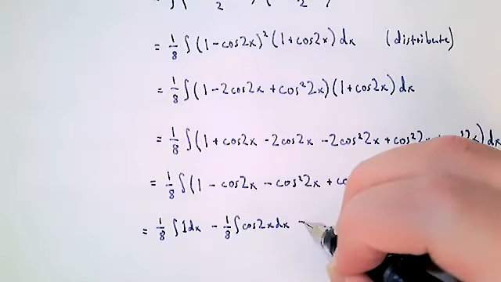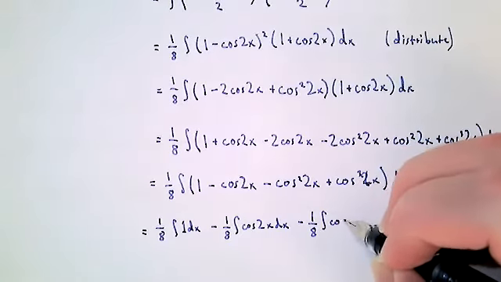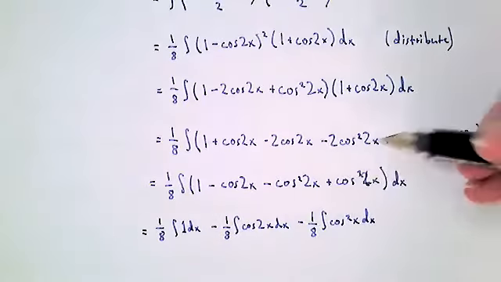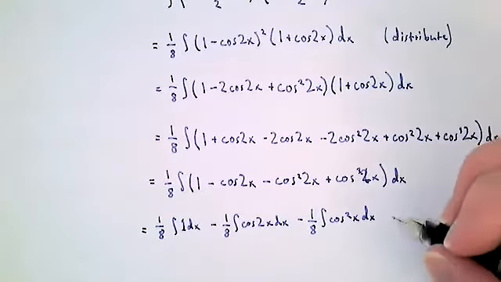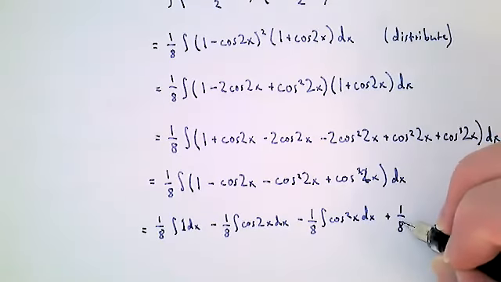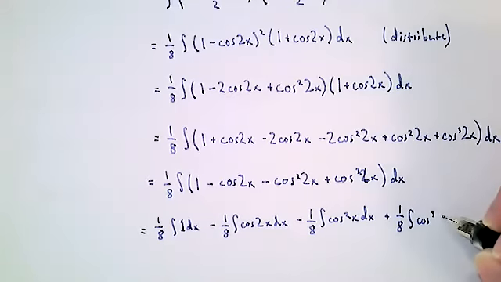Then we have a cosine squared of 2x, and then plus cosine cubed. So we need a plus 1 over 8 times the integral of cosine cubed of 2x.